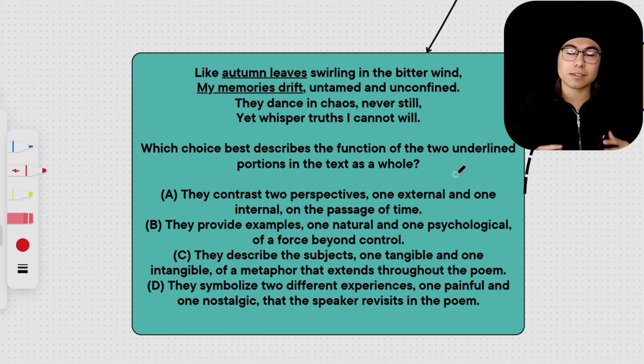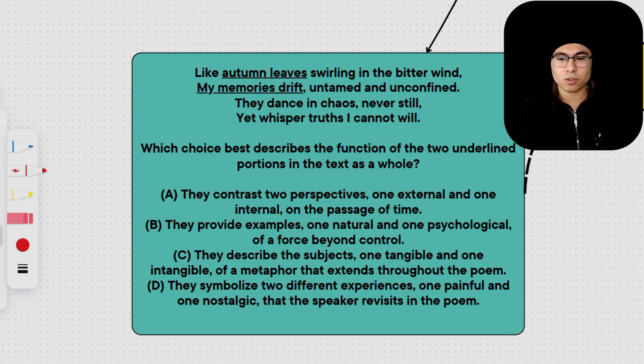So firstly, let's understand what this poem is about. It's like a story, right? We've got a windy autumn day, and there are leaves swirling all over the place. That means they have no control. They just move wherever the wind pushes them. And you could think about memories as well here. They're comparing those 2 things.